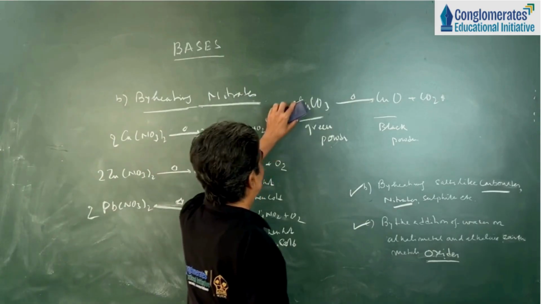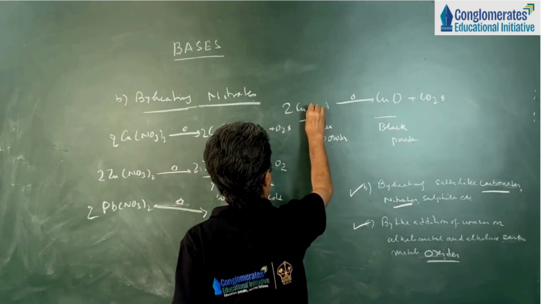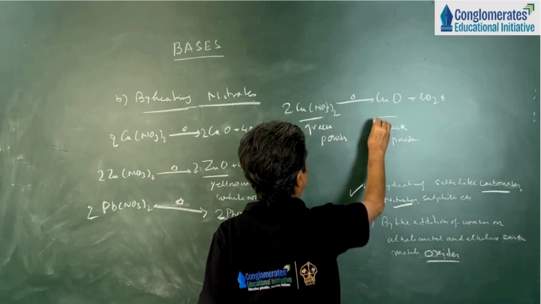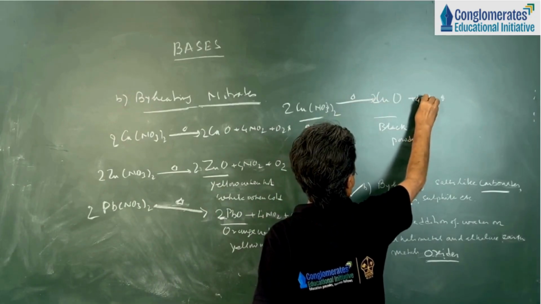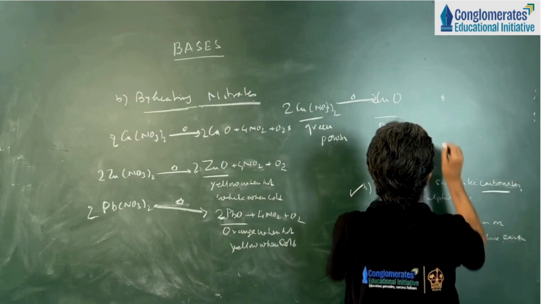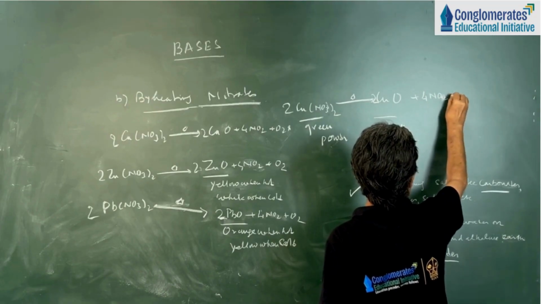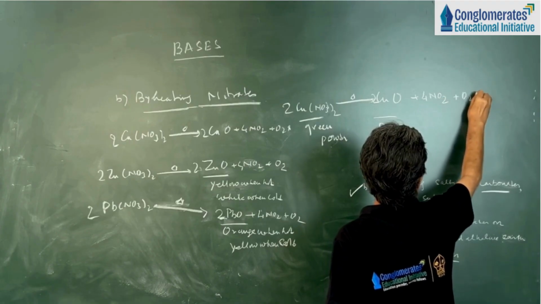And copper nitrate, we get CuO, 4NO2 plus O2.